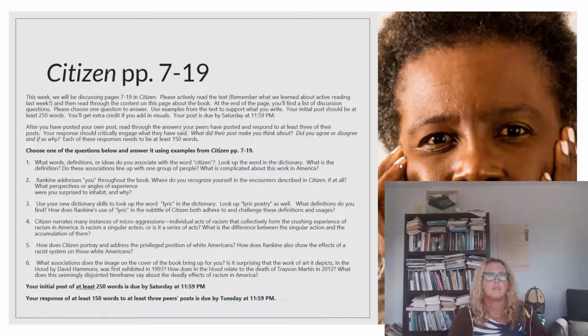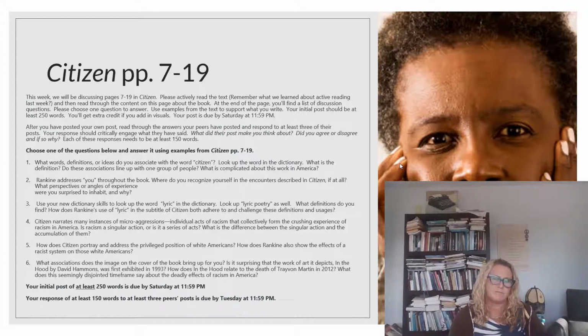Number 4: Citizen narrates many instances of microaggressions, individual acts of racism that collectively form the crushing experience of racism in America. Is racism a singular action, or is it a series of acts? What is the difference between the singular action and the accumulation of them?